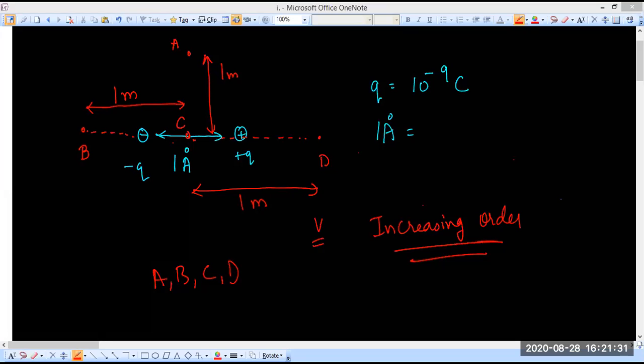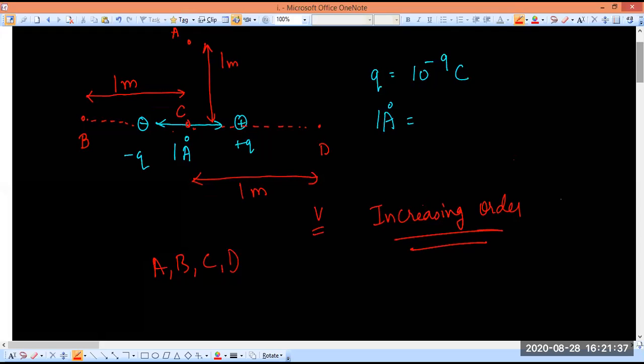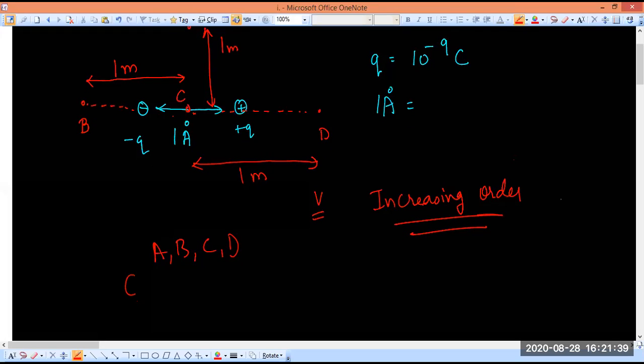Okay, fine. Let's do it. Now, first of all, C is the midpoint. So at that point we see the potential due to the charges.